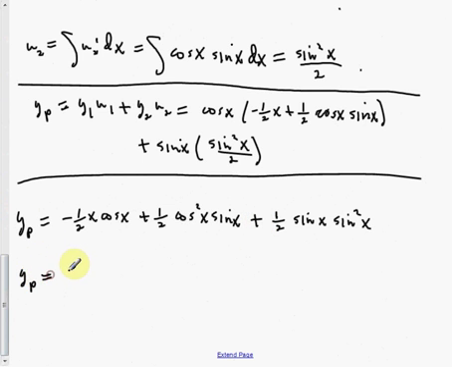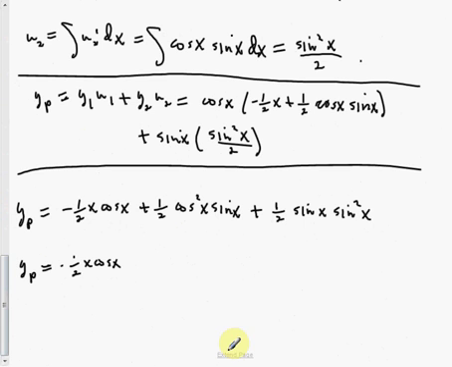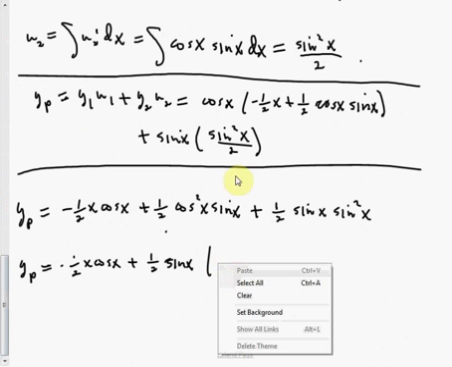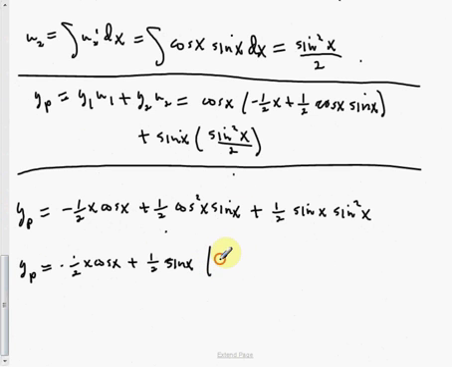So y sub p is negative 1/2 x cosine x plus, take out a 1/2 sine x, and then what I have left there is cosine squared x plus sine squared x. Well, cosine squared x plus sine squared x is just 1.